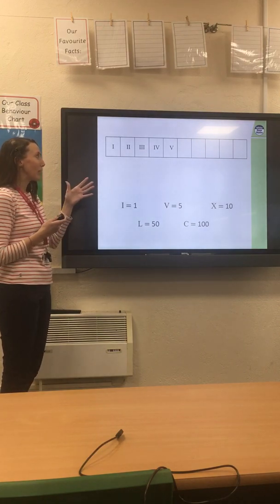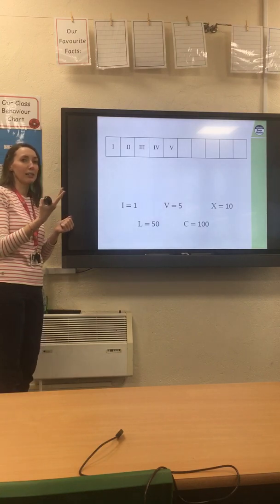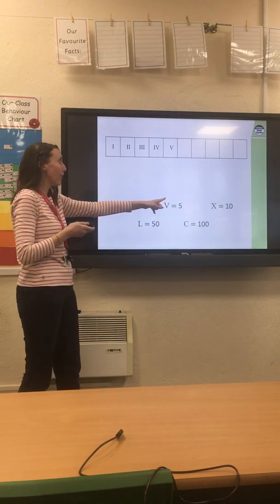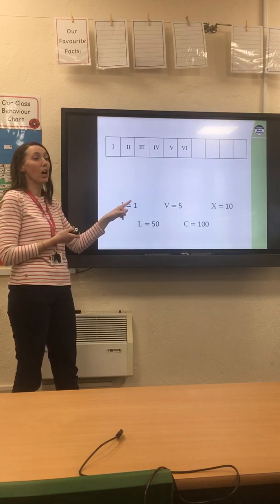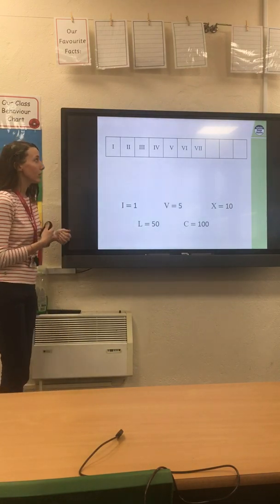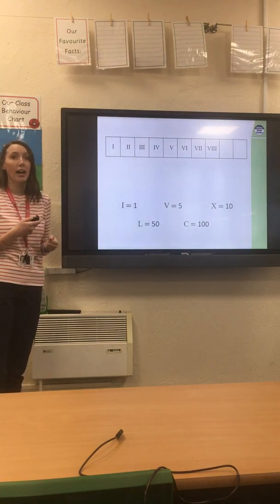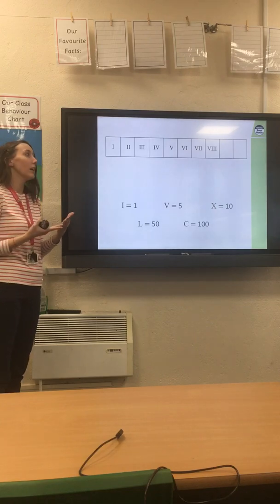Now when we come to think about 6, again, I can't just use I's, but I know that 6 is 5 and 1, so I want to put VI so that it's added instead of subtracted this time. 7 follows the same suit, VII, and then VIII is obviously 8.